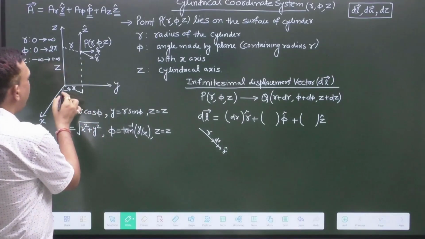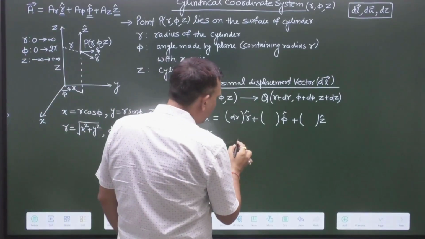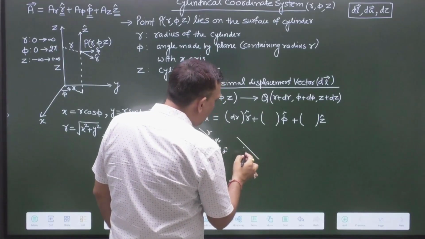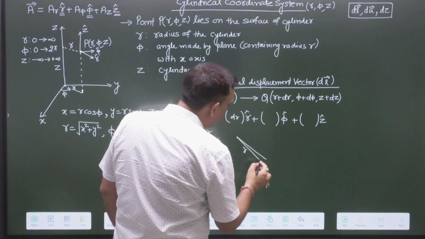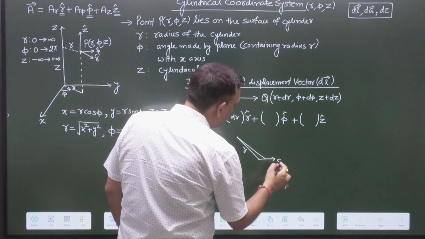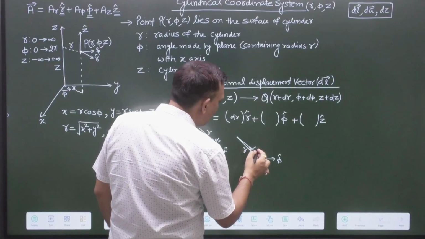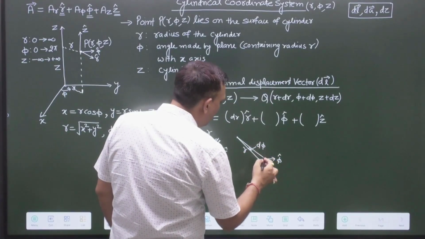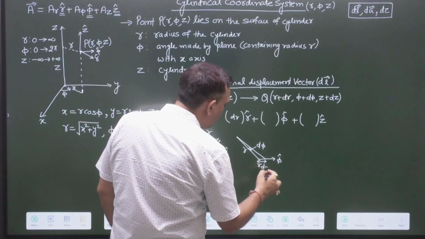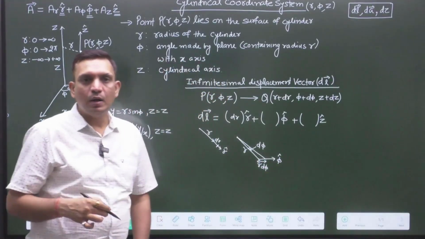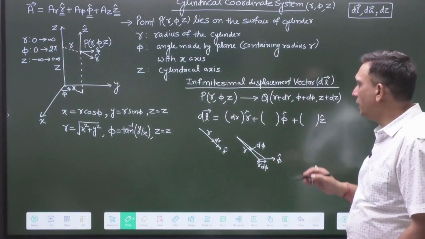Now if phi changes to d phi, let's say this is r, phi changes to d phi, this is phi cap, and this arc changes. So what will be this change? r d phi. Angle is equal to arc by radius, so this arc will simply be r into d phi.